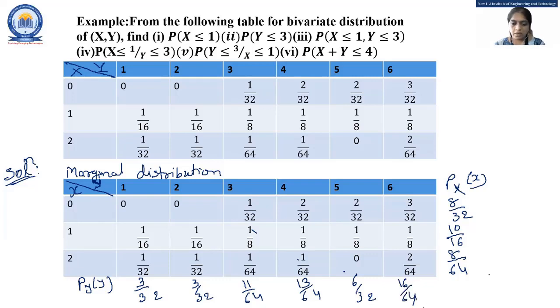So the summation of Px is equal to 1 and the summation of Py is also 1. Got it, everyone? If I take the summation of all these values, it is 1. The summation of these values is also 1. So let's start to find the probabilities accordingly.